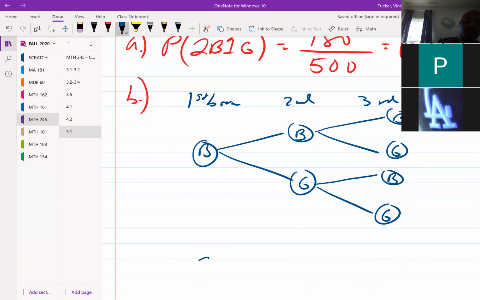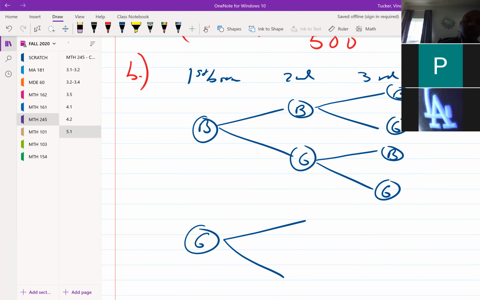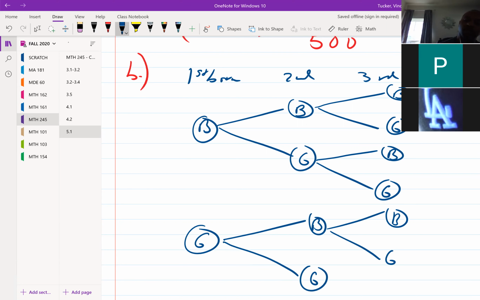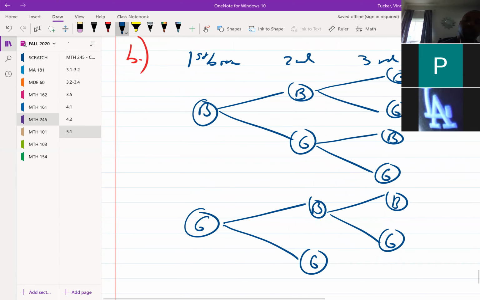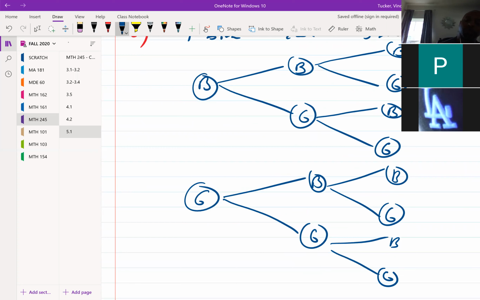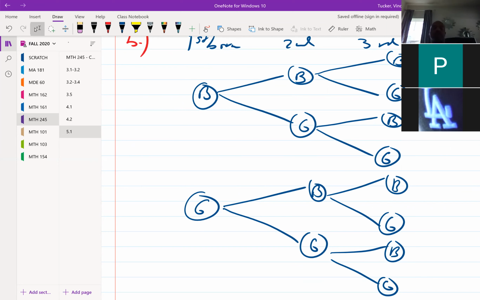Then it's possible you could have had a girl first, boy, girl, boy, girl, and boy, girl. So we have 8 different possible outcomes. So your sample space is going to be 8 because we have 8 possible outcomes.